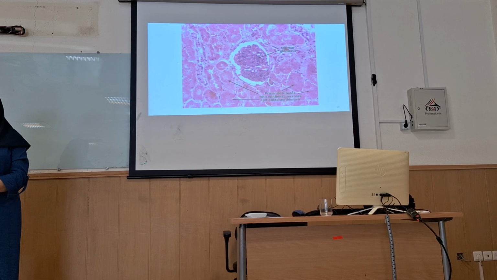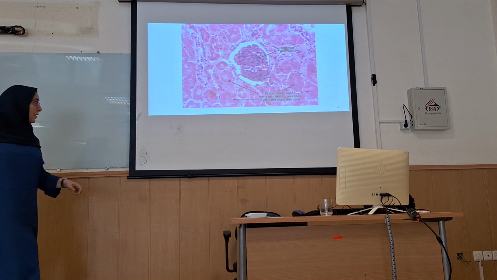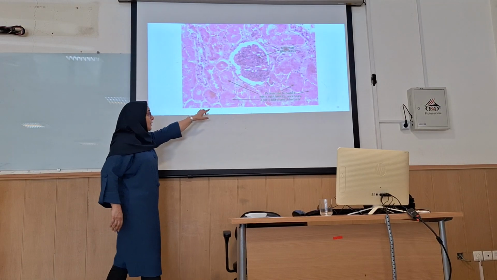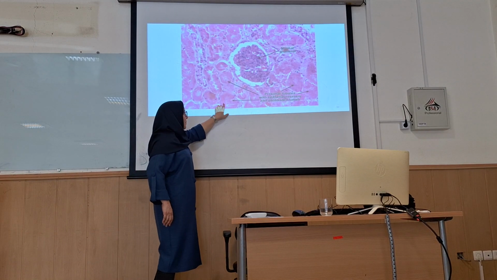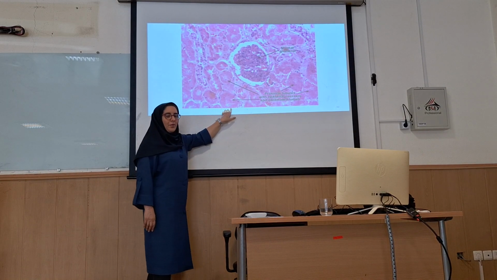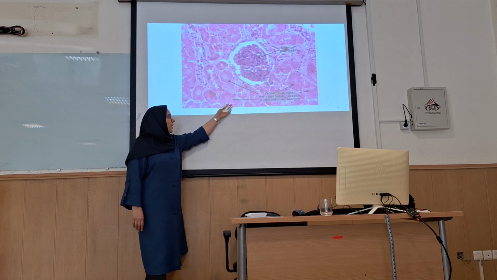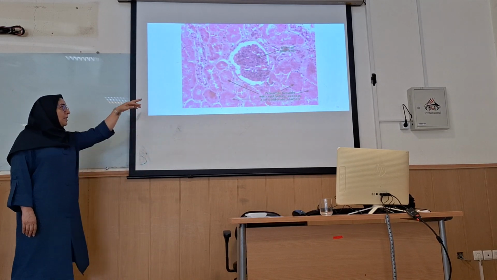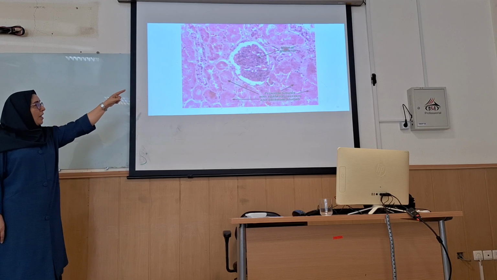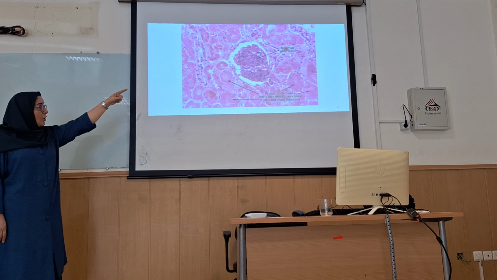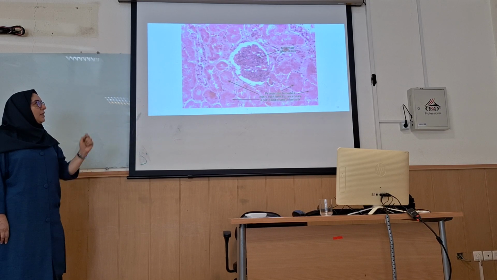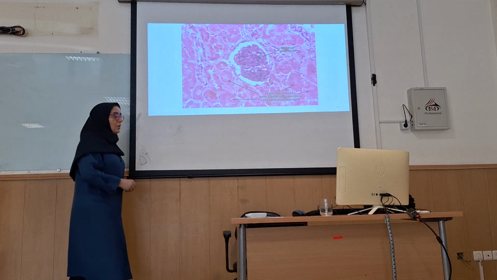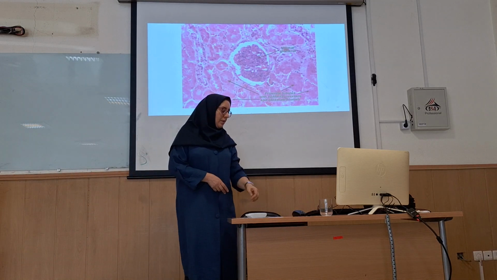Because they are enlarged and swollen. Okay. In the tubule, we have lost basophilia. It's eosinophilic due to loss of nuclear material. But in the glomerulus, we have increased basophilia, dark blue nuclear material, and the cytoplasm is eosinophilic.